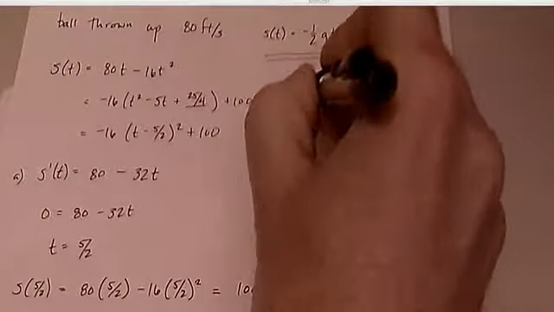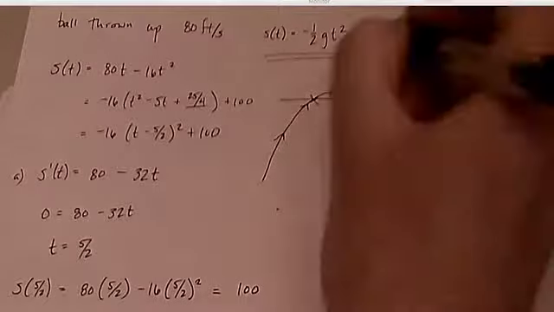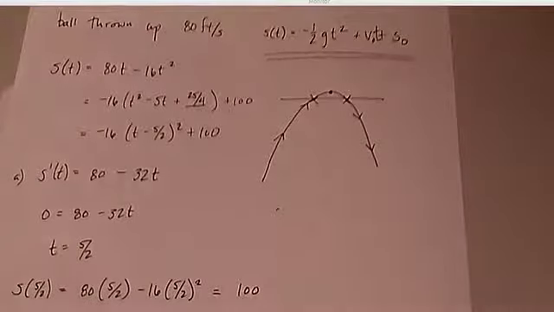Well, that makes sense. If this is 100 feet, then that's 96 feet. It's going to hit 96 feet on the way up and on the way down, right? Well, look at those times. t is equal to 2 and t is equal to 3. Well, those are equidistant in terms of time from 2.5. And that shouldn't surprise us because of the symmetry of parabolas.